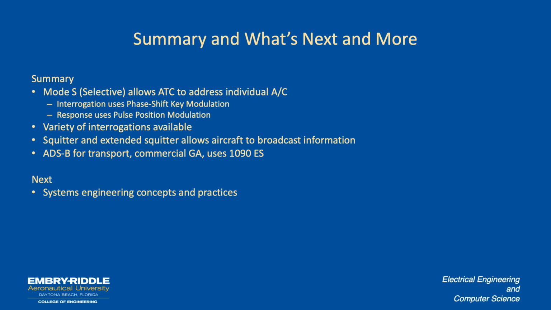What we want to do next is start to move into concepts of how you get aircraft systems put together. So we need to talk about some systems engineering concepts and practices. And then after that, we're going to be moving through the rest of the semester. We'll talk about design for safety. How do we design in redundancy, heterogeneity, dissimilarity, and the like to ensure safety.